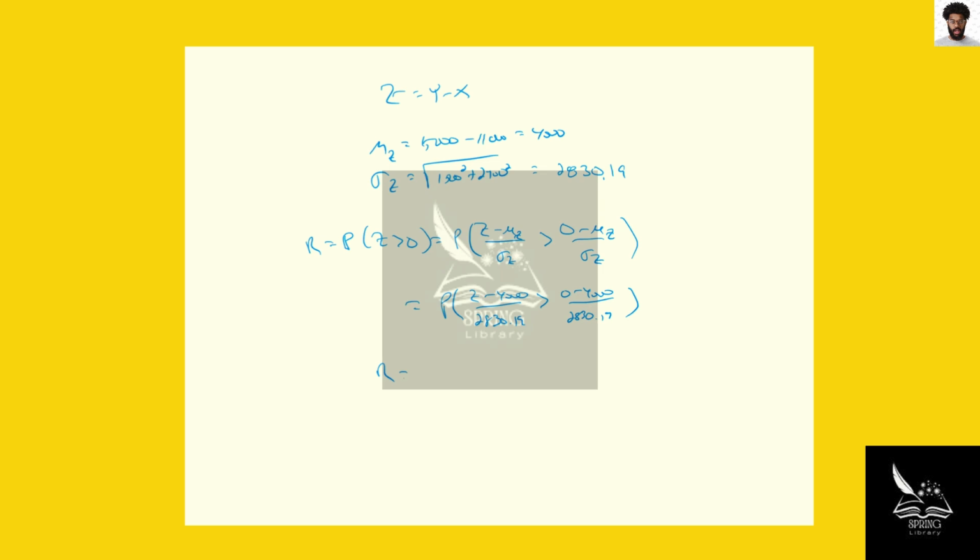And so R would be equal to P of the new Z being greater than negative 4,000 over 2830.19.